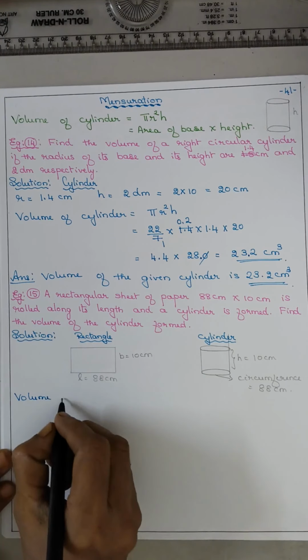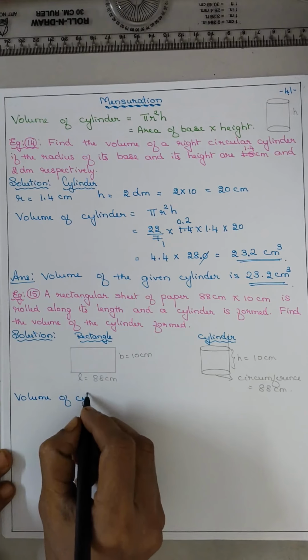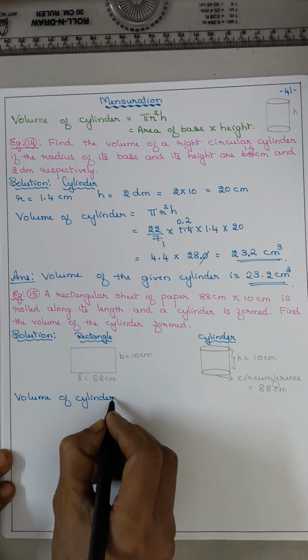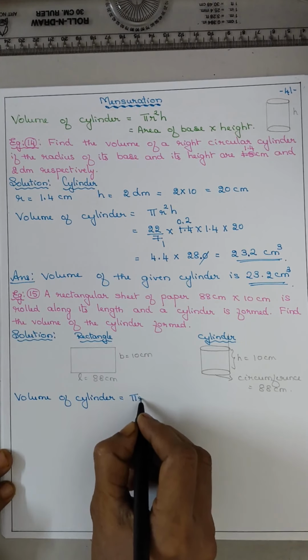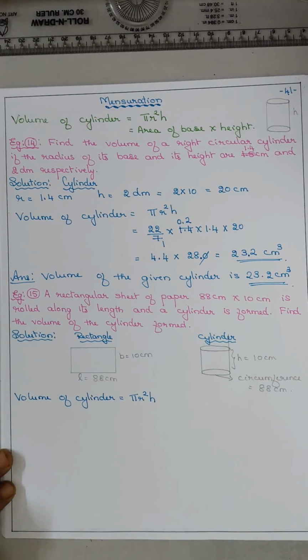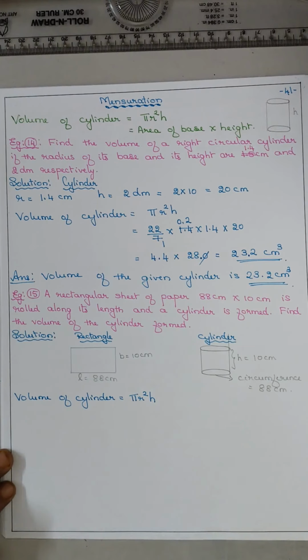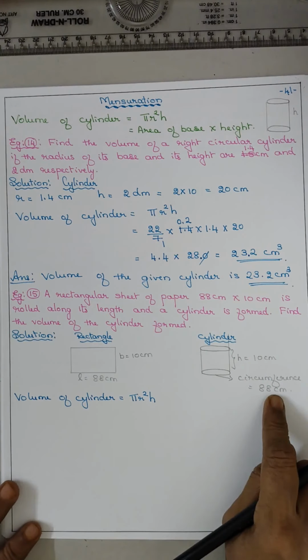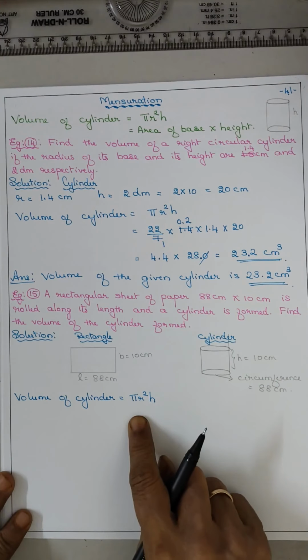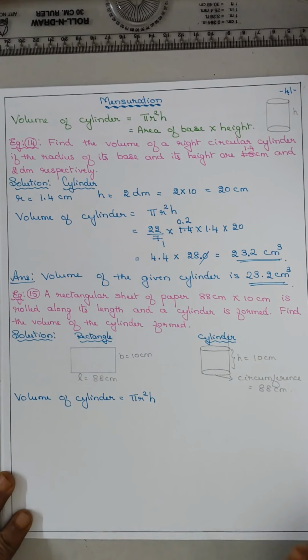Volume of a cylinder, what is the formula? Pi r squared h. Here we want r. But circumference, what is the formula? 2 pi r. From that you find out r, then put the value here.